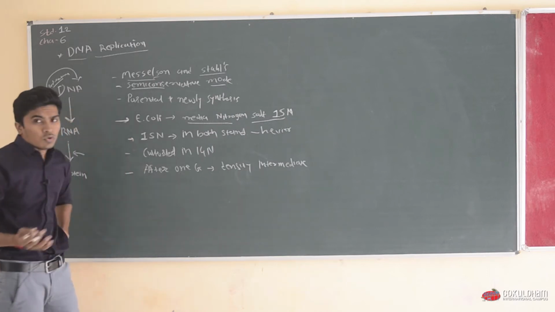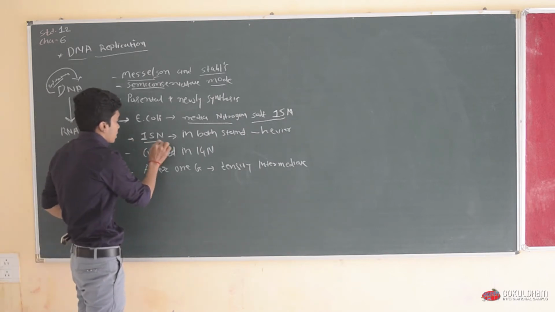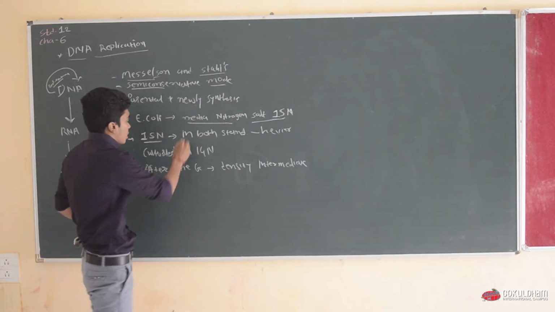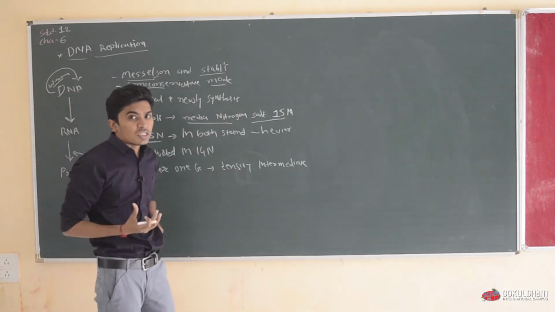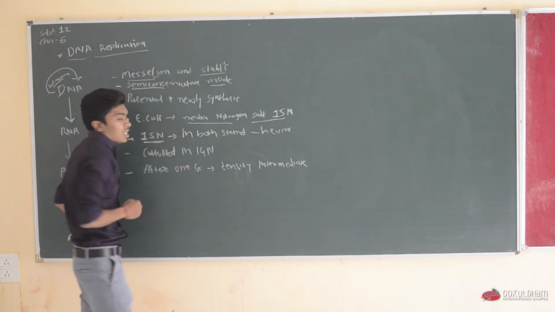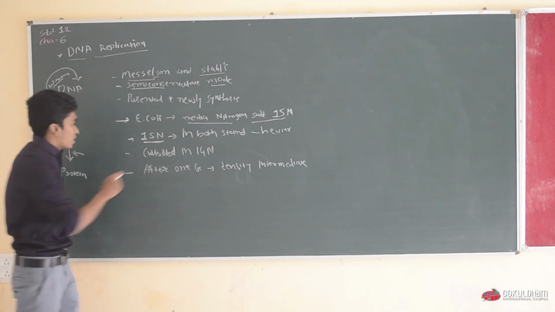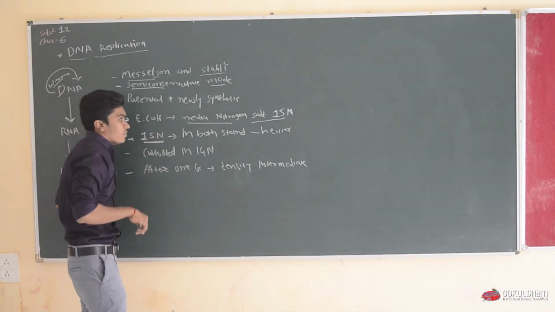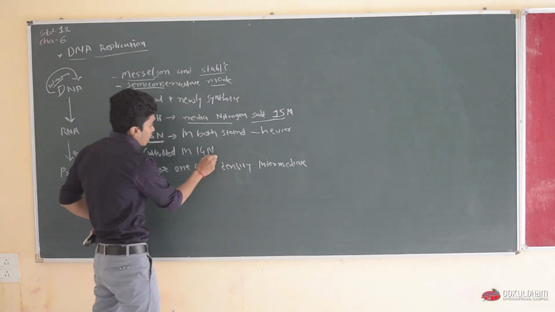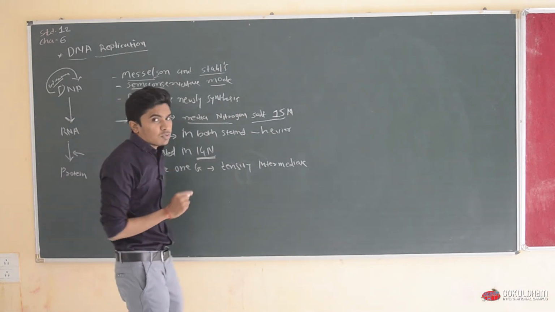This 15N is slightly heavier than 14N, which means when they grow in a culture medium with 15N, both strands will have heavier nitrogen. And then they again grew them in a medium containing 14N.